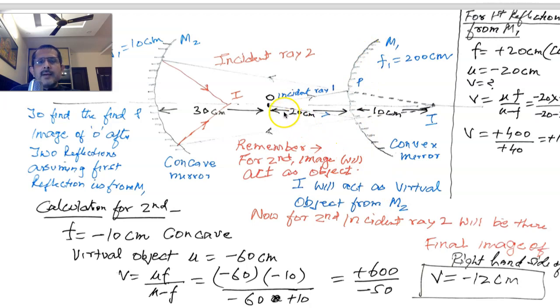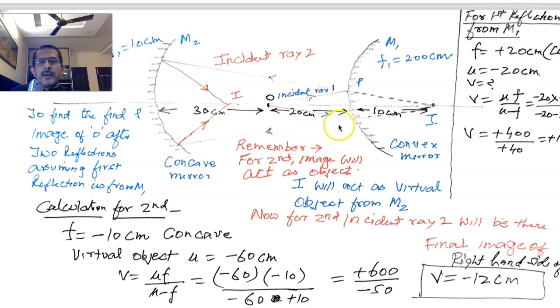Again the same thing, because what we have studied is it is positive. Why? Because the ray of light is coming from this direction. Now u is equal to minus 20 centimeter.